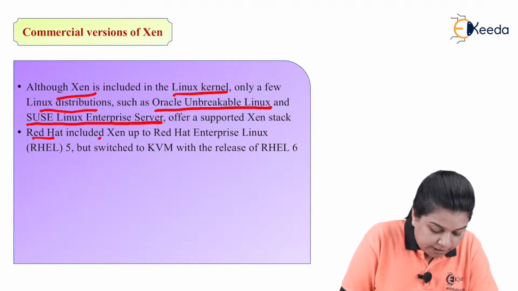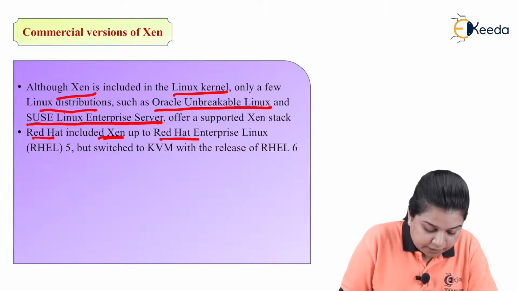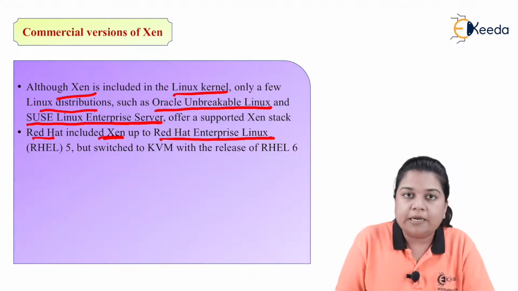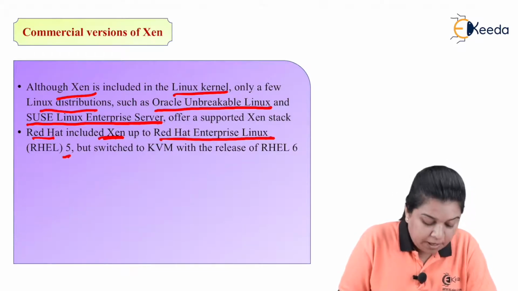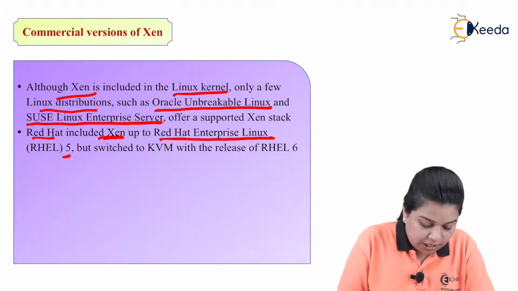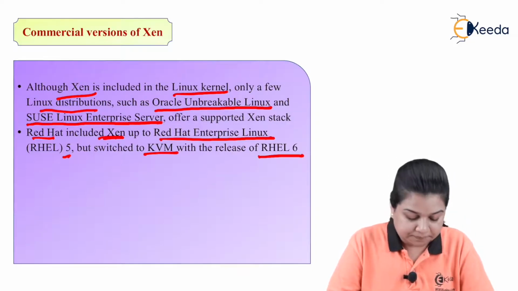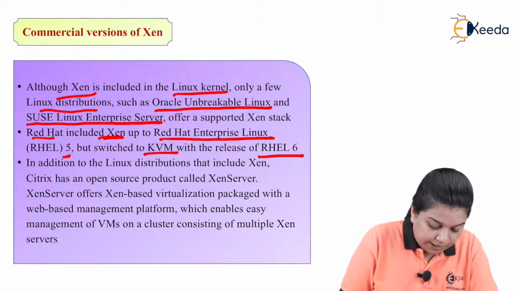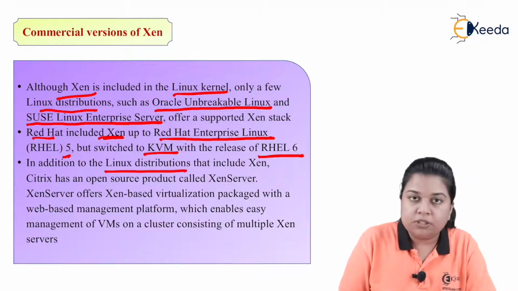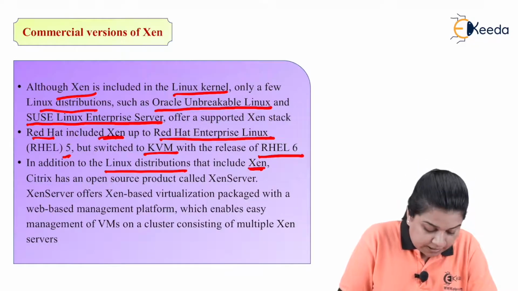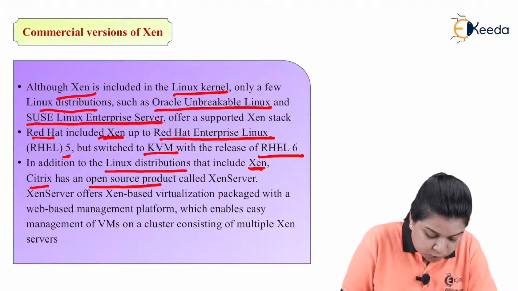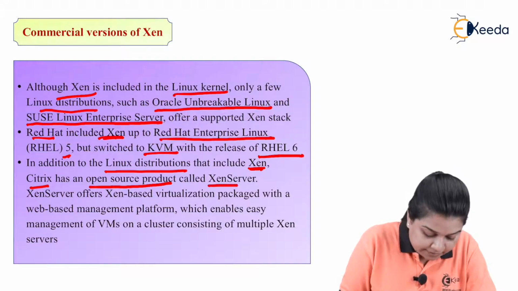Red Hat included Xen up to Red Hat Enterprise Linux 5, RHEL5, but it switched to KVM with the release of RHEL6.